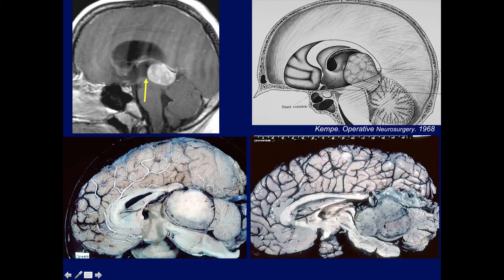Here's an anatomic diagram of what these lesions would look like. And these are very old pathology specimens prior to diagnostic tools like CT and MR, showing these massive tumors of the tentorium / falcotentorial meningiomas.